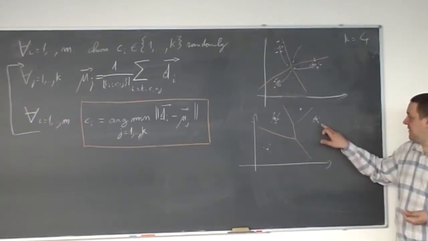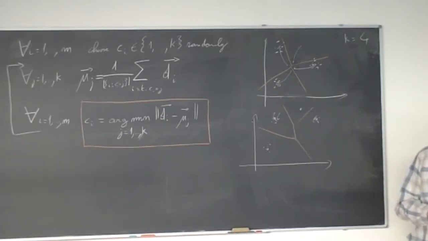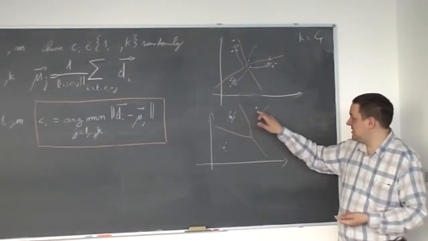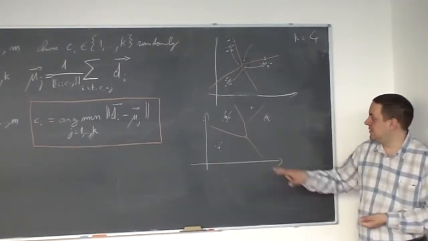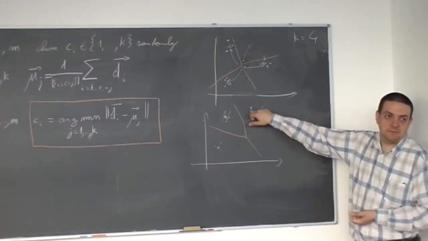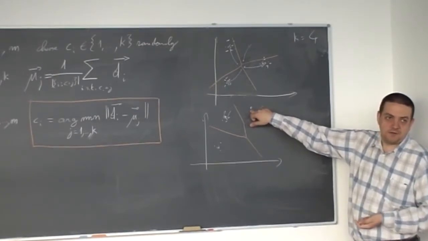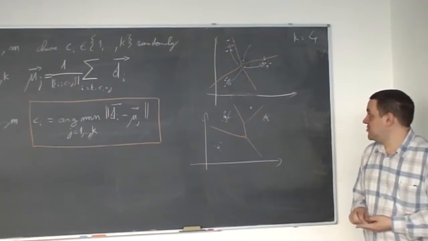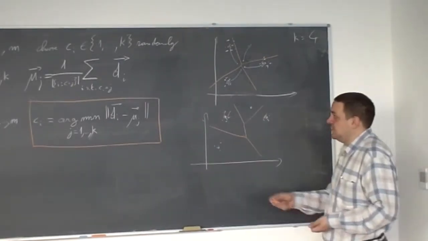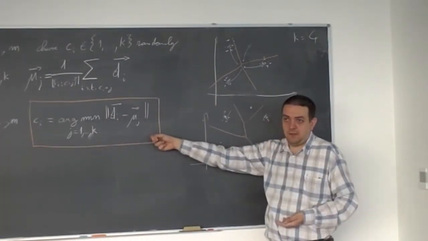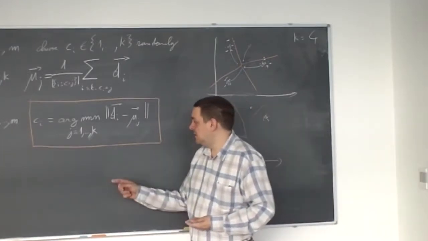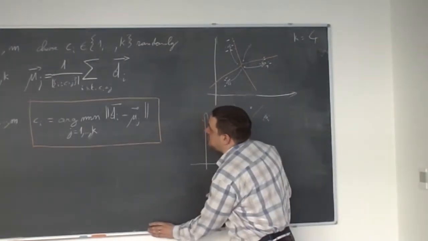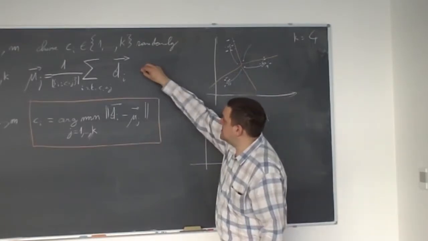So 3 of the cluster representatives are actually close to some point. The 4th representative isn't close to anything. What should we do in this case? In this case, actually, the algorithm is undefined. Where is it undefined? Actually, it's undefined here.